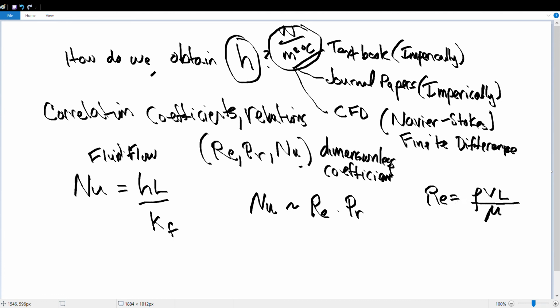The higher the Reynolds number, the faster the flow, and the more likely you are to go into turbulence. The Nusselt number is proportional to the Reynolds number and the Prandtl number. The Prandtl number is equal to the velocity divided by the diffusivity, the thermal diffusivity. I'll put a little arrow here to signify velocity, and then say thermal diffusivity.